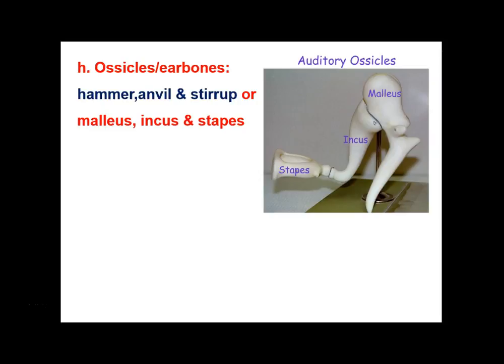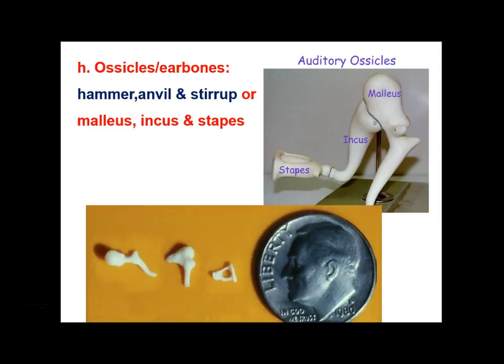The oval window is part of a structure that's filled with fluid and has little sensory hairs inside it. So when the oval window vibrates, the fluid vibrates, which causes the hairs to vibrate, and there we turn the mechanical signal into an electrochemical signal that's sent to the brain and interpreted as sound.